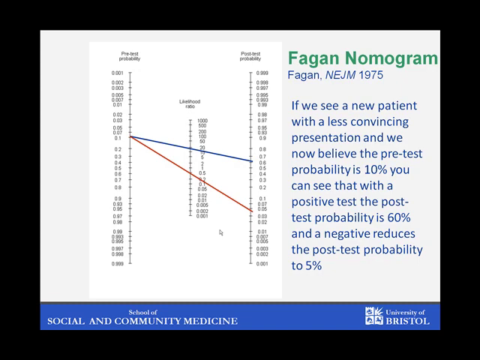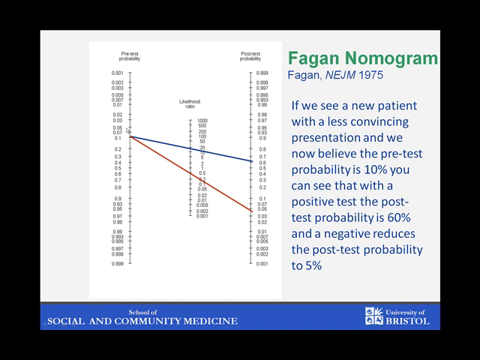Okay, so that was Mr. Smith. What about a new patient who presents to you in clinic who this time has a less convincing history or less convincing signs on examination, and clinically you think they're much less likely to have rheumatoid arthritis? So if I forced you to quantify that risk, let's say you came down with a 10% risk.